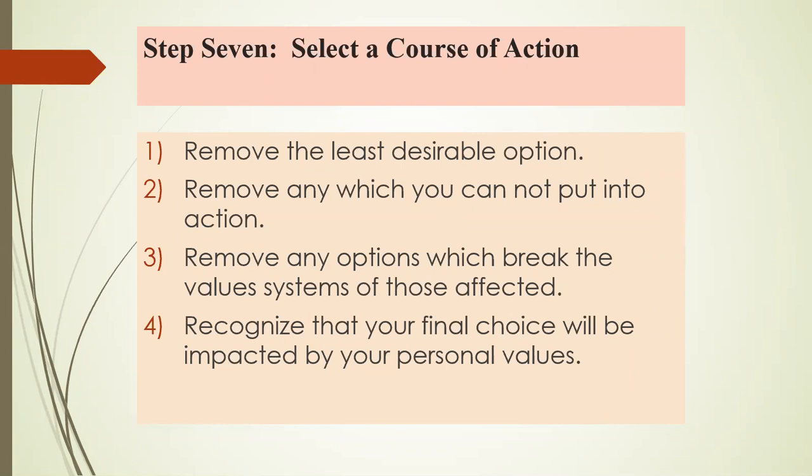Like if we are taking a decision for customers and some options or some course of action will be harmful for my customer or my customer base, or maybe one customer, and it is against the value system of my organization, or which will break the value system of my organization or my own value system, and the customers will be affected.